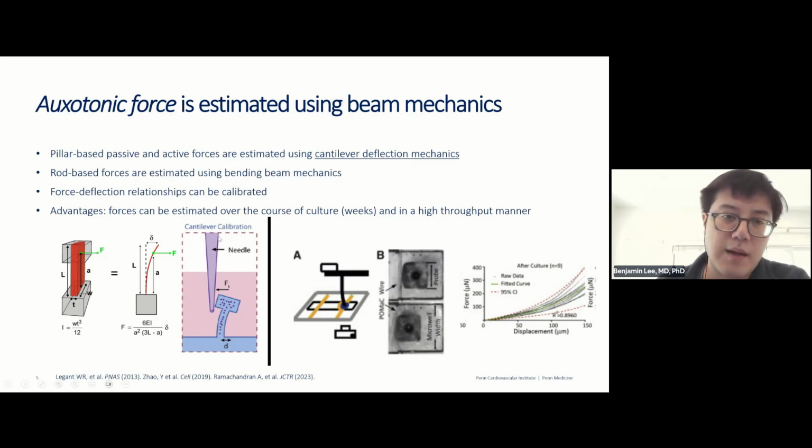By calibrating these flexible pillars against a needle, typically you can determine the force-deflection relationship, and this allows you in many of these systems to measure force throughout the culture of engineered tissues, and learn a lot about their responses to things like drugs.